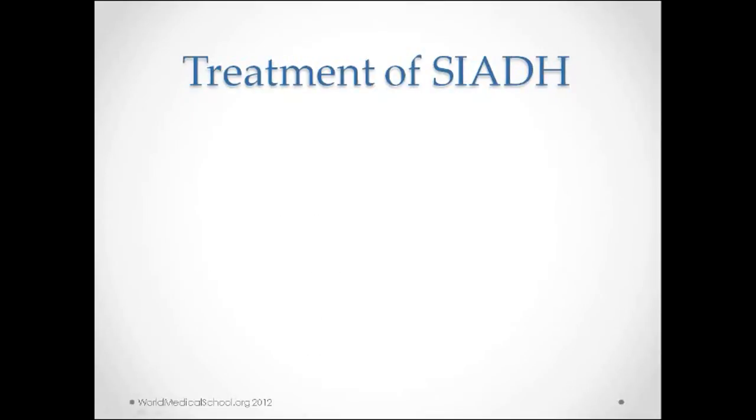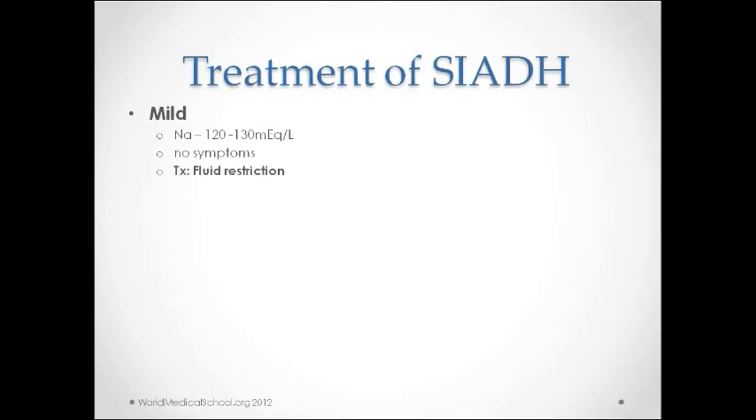Treatment. One has to treat the underlying cause when known and also manage the degree of hyponatremia and its consequences. For mild hyponatremia between 120 to 130 with no symptoms, fluid restriction is the best first step.